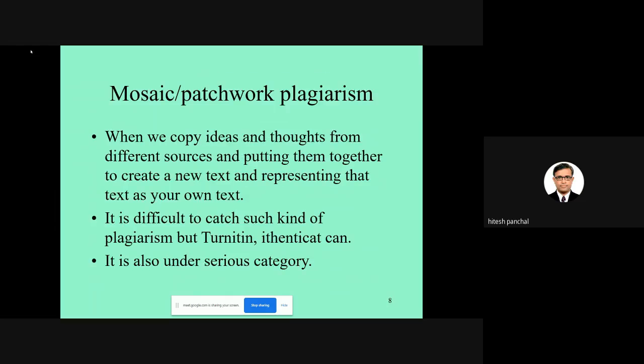Now this is called mosaic and patchwork plagiarism. At present, this kind of plagiarism is also used by researchers.